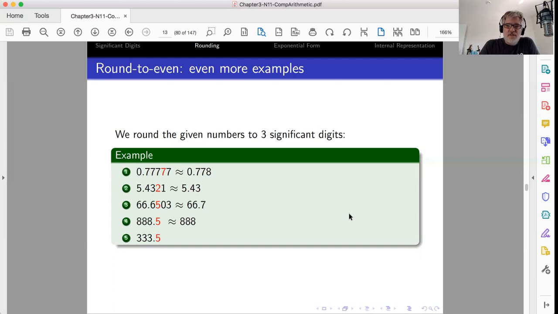So my test digit is 5. There's nothing after. Digit just before is odd. So we go up by 1, 334. Okay. So if you manage to go through this last example easily, that means you've understood everything here.